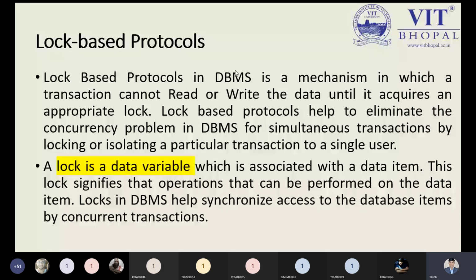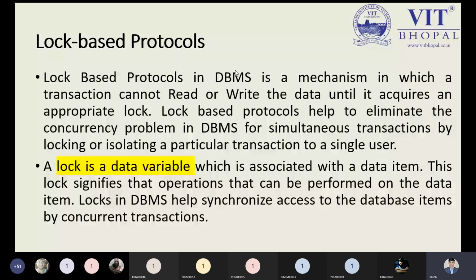This is the point we need to keep in mind, and of course we have some examples by which we will clear this concept properly. The log-based protocol is meant to eliminate the concurrency problem in a database management system for simultaneous transactions. Yes, of course, this can be done like this.